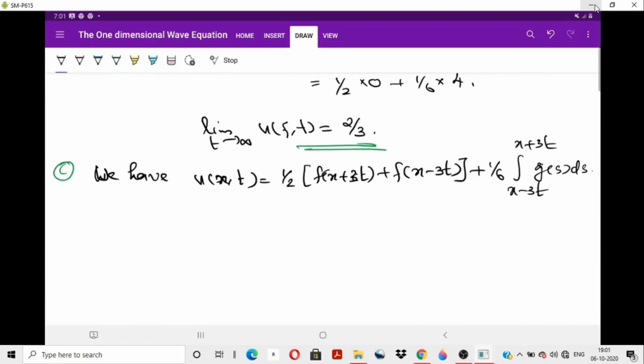So this is our solution u of xt, and we know that the maximum of f and g, the two functions, will come when we calculate the maximum of u.